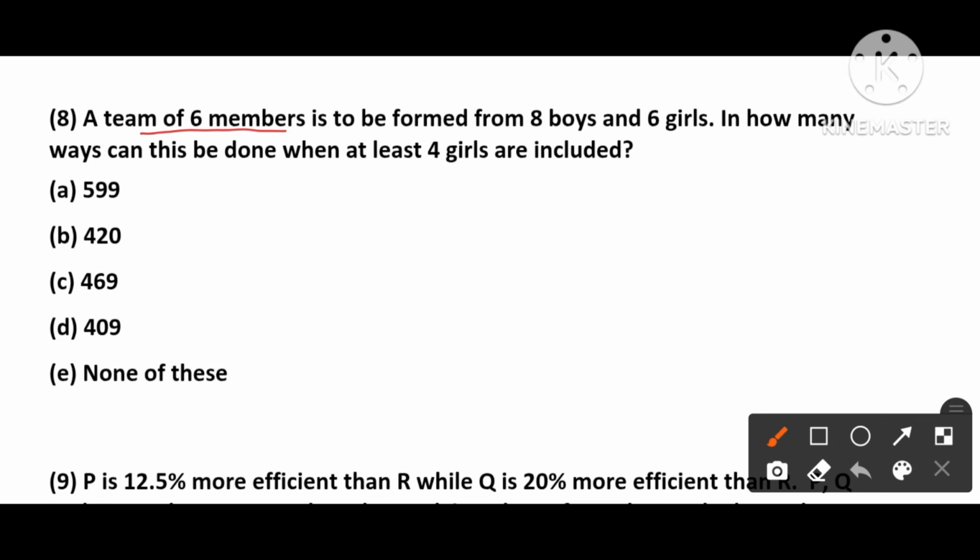A team of 6 members is to be formed from 8 boys and 6 girls. In how many ways can this be done when at least 4 girls are included? So at least 4 girls means we need to take 6 members.